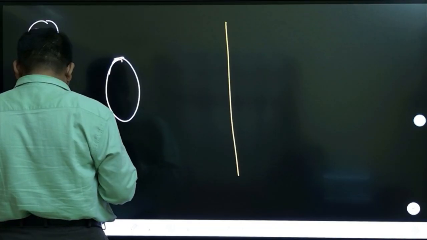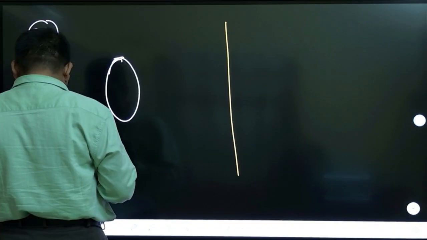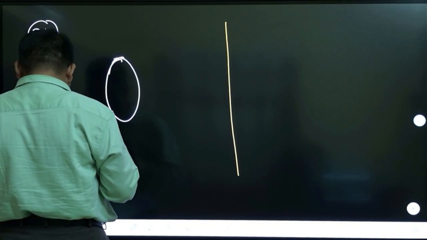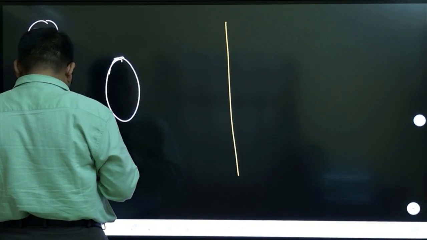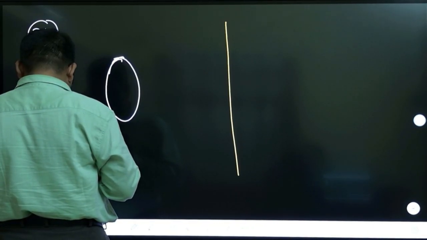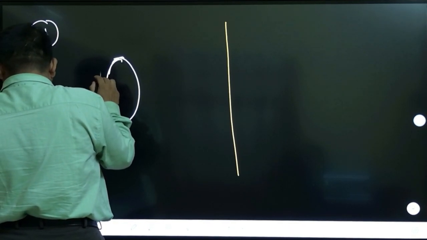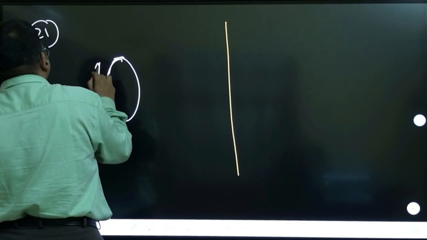So what he's saying is: size decreases, intensity decreases; size decreases, intensity increases; size increases, intensity decreases. Which size and what intensity? Size means this size. Let us say this size is b.